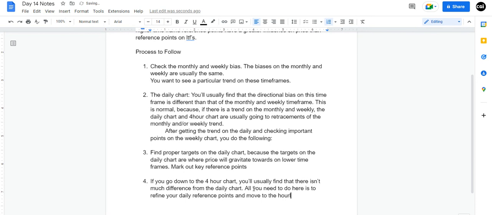That's the 1 hour chart, the hourly chart.